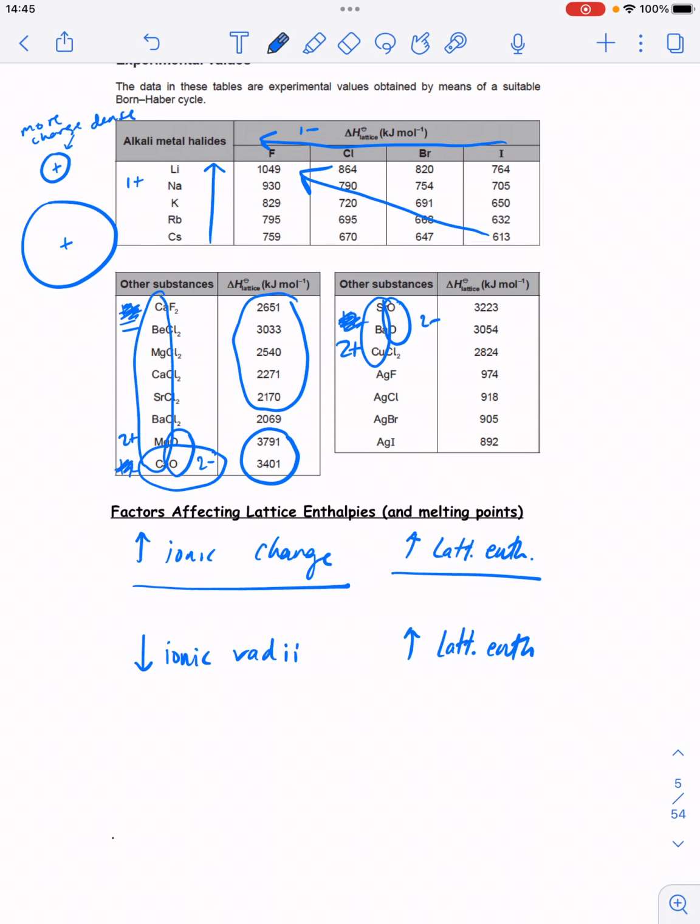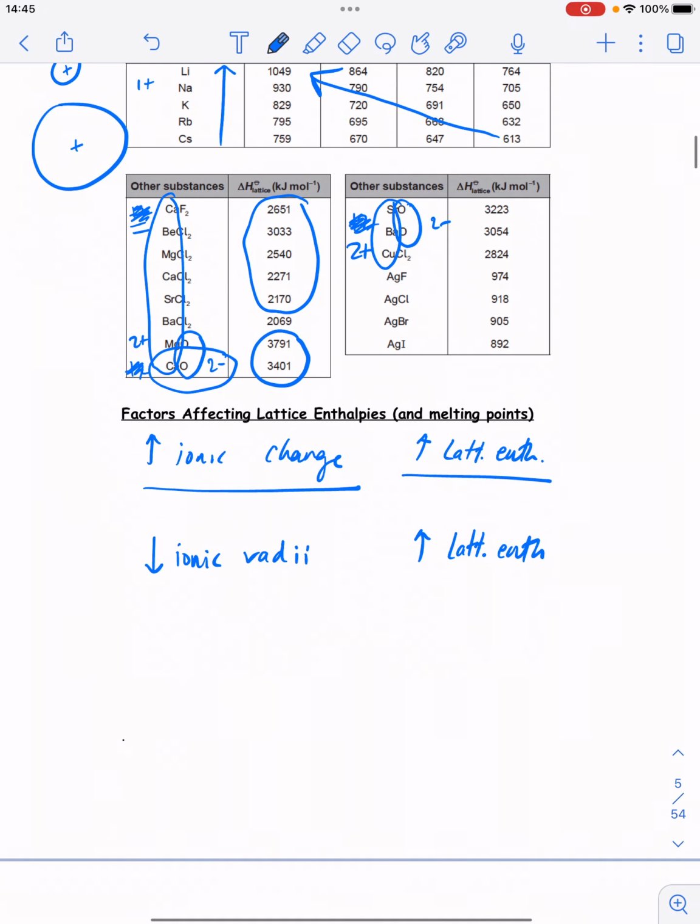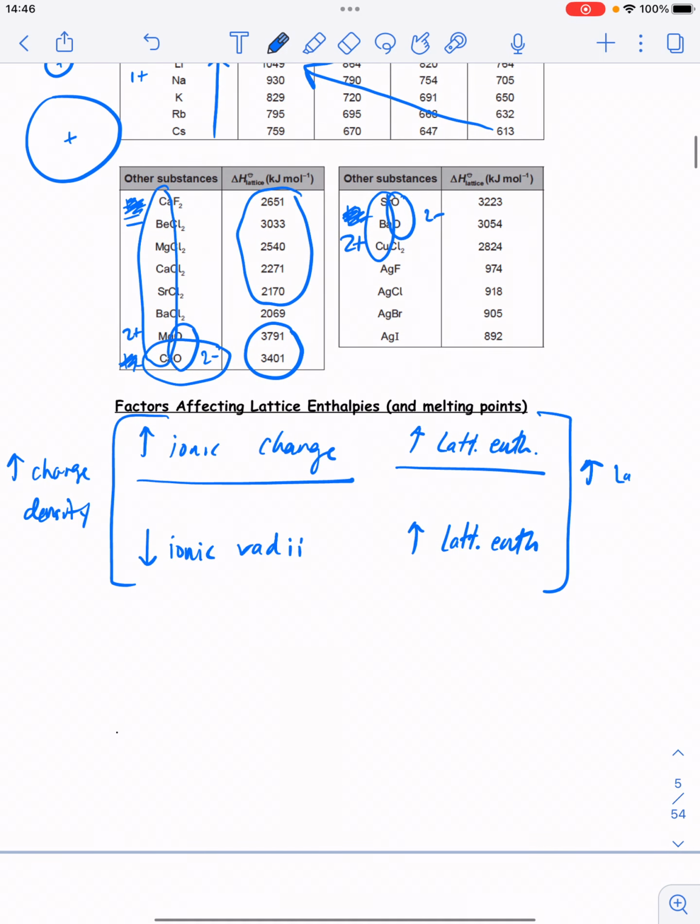And the more charge density you have, the greater the lattice enthalpy, the greater the attractions between the ions. So these things together add up to an overall rule about charge density. So as we increase charge density on an ion, we will overall increase the electrostatic attractions between the ions, and therefore we increase the lattice enthalpy.